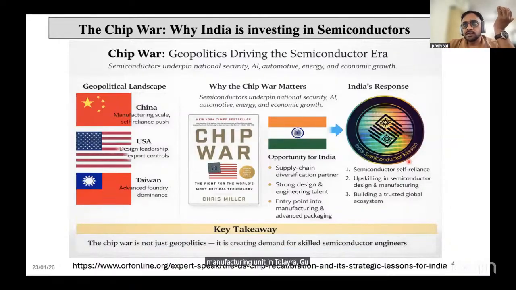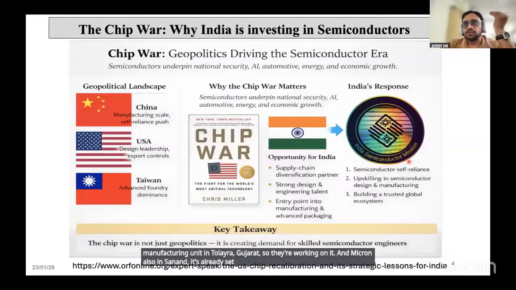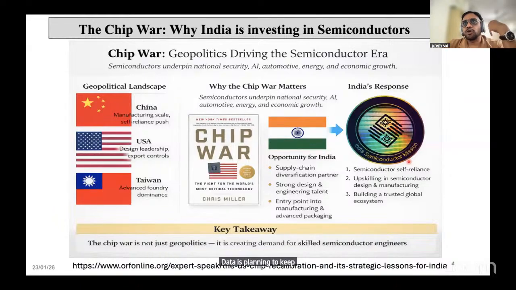And Micron is also in Sanand, where it has already set up packaging. In Assam also, Tata is planning a packaging facility, or what they call an OSAT, to convert the fabricated chip into a packaged chip, like a module.